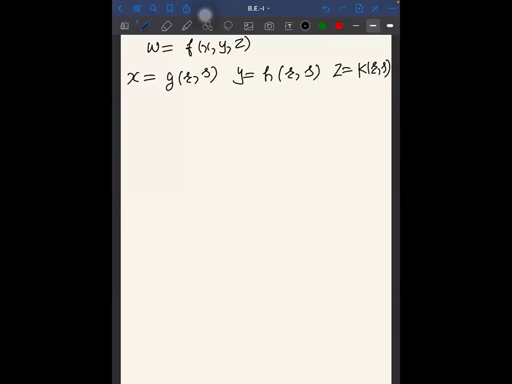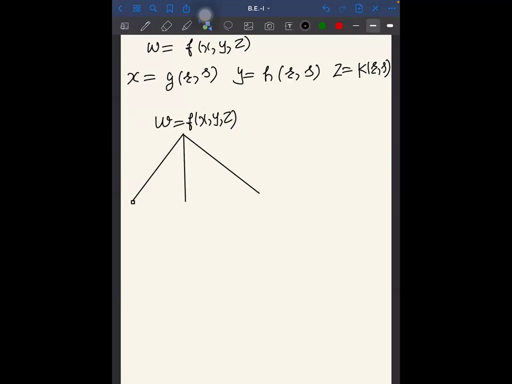Now keep in mind, I'll make a small chart over here. So this is your W, here X, Y, Z. We have three branches to the three intermediate variables, right?